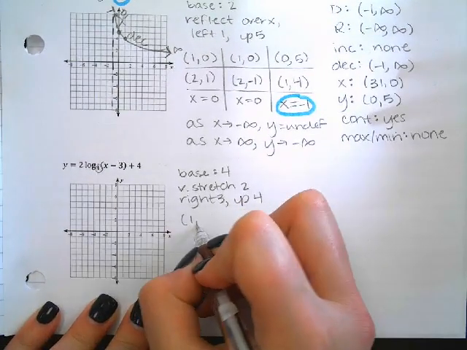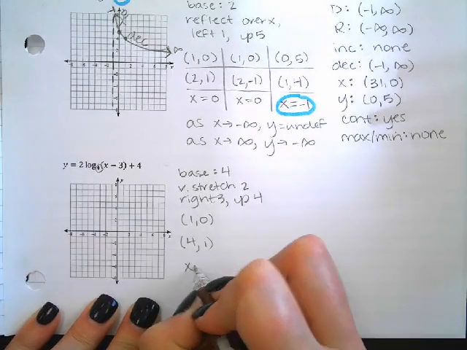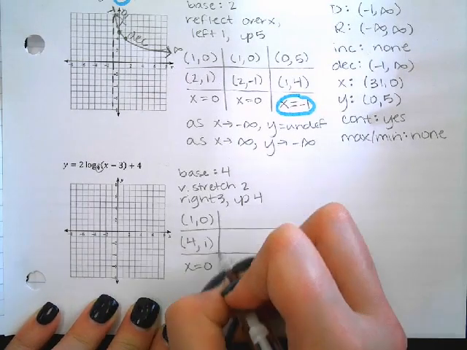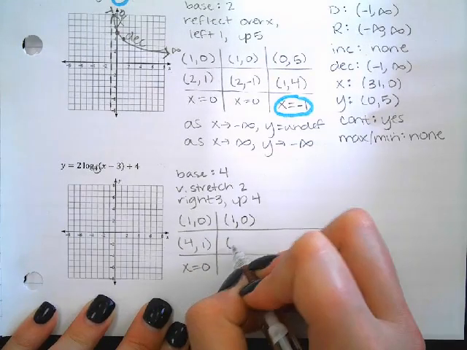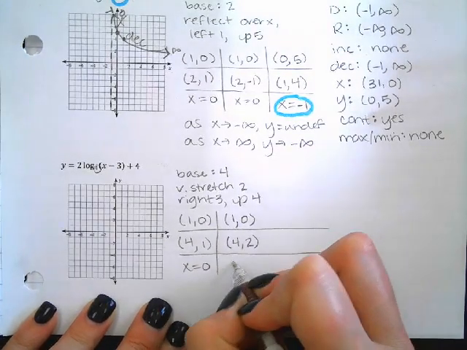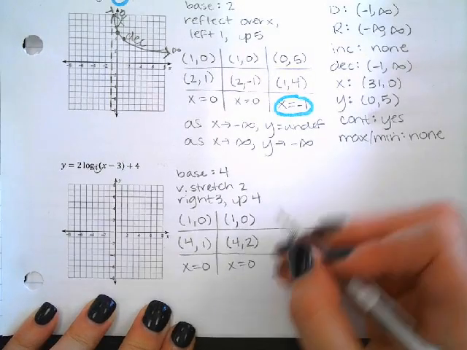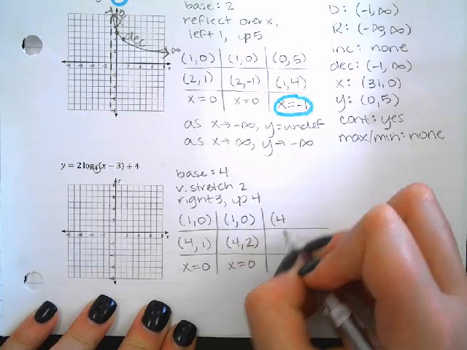So I have the point 1, 0, base 1, x equals 0. So I've got my vertical stretch of 2. That means I'm taking the y coordinate and multiplying it by 2. So 0 times 2 is 0, 1 times 2 is 2. Then I will shift to the right 3.